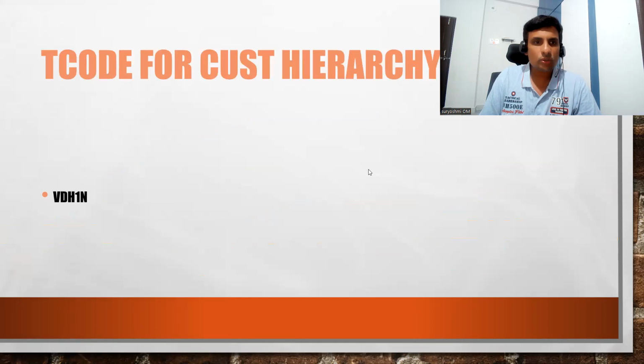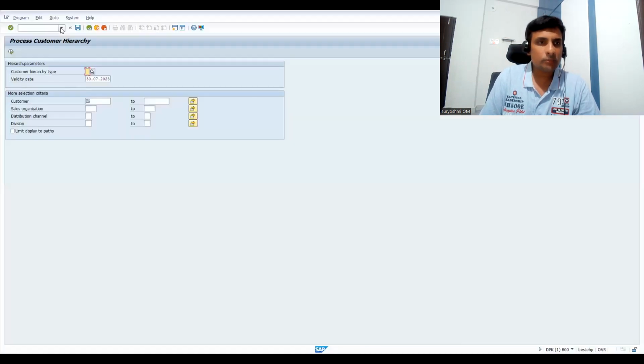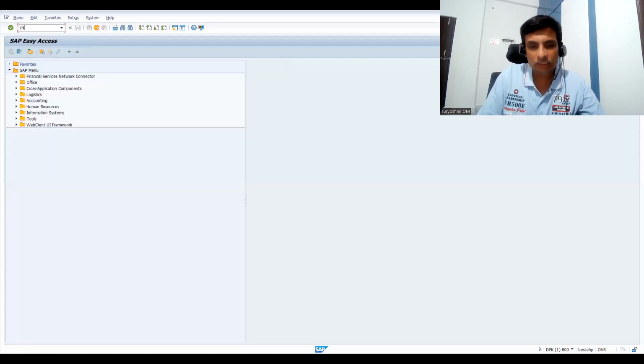The transaction code for this customer hierarchy is VDH1N actually. Let's see this. I don't want to show anything beyond this now. This is the transaction. Let me put /n VDH1N.